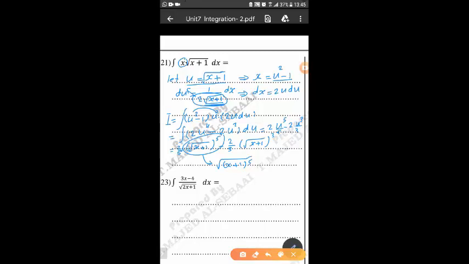So the final answer is going to be the same. So that equals 2/5 root of x plus 1 to the power of 5 minus 2/3 root x plus 1 to the power of 3 plus c.